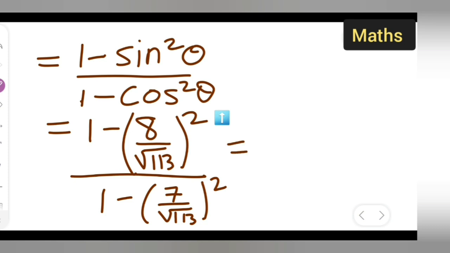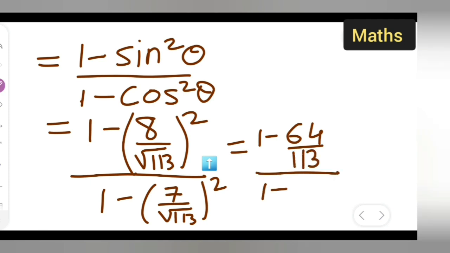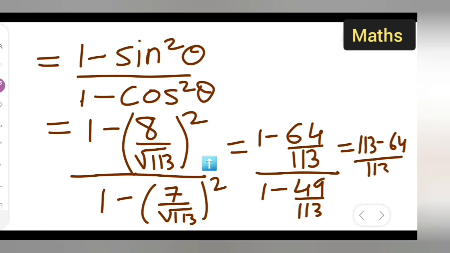Now this is equal to 1 minus, the square of 8 will be 64, and the root will get cancelled. So 113 we are getting. 113 upon, 1 minus 7 square is 49 upon 113. The next step is 113 minus 64 upon 113. Let me write it on the next page.